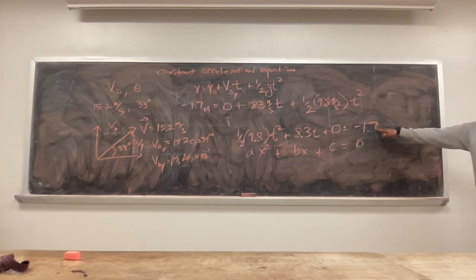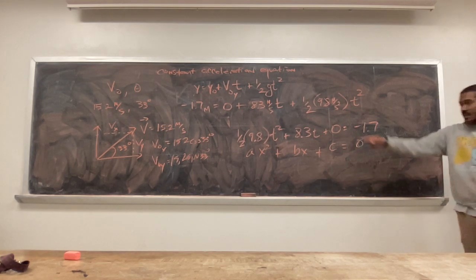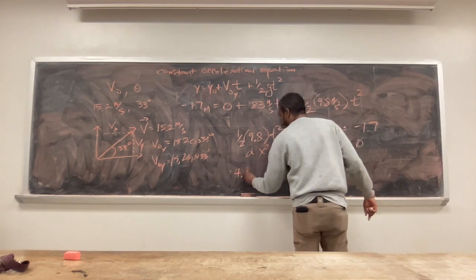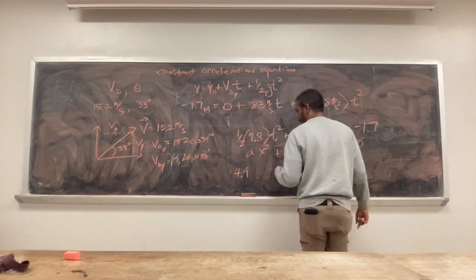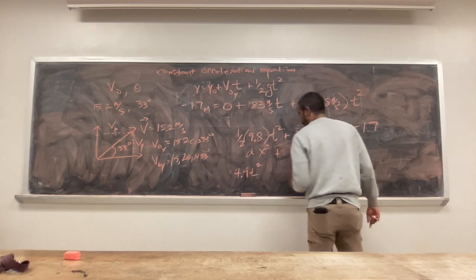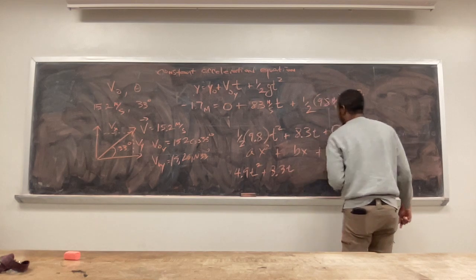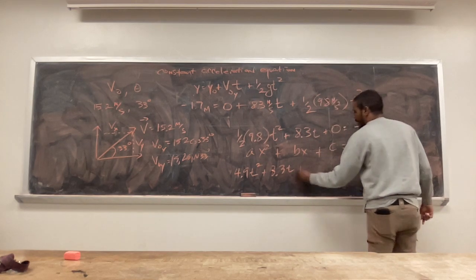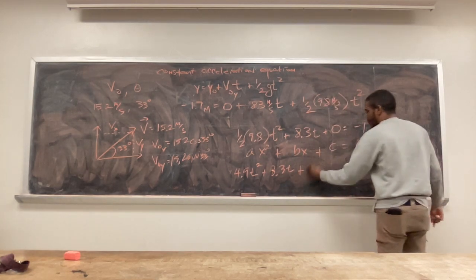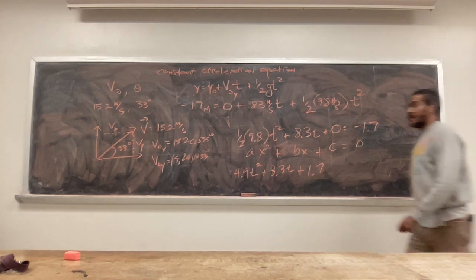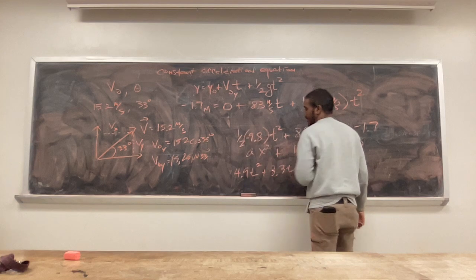Because all we have to do is bring it over to the other side. And so now we have 4.9. I'm going to take half of the 9.8. T squared plus 8.3 t plus 1.7. Okay? And I think I missed this right here, that's got to be negative.